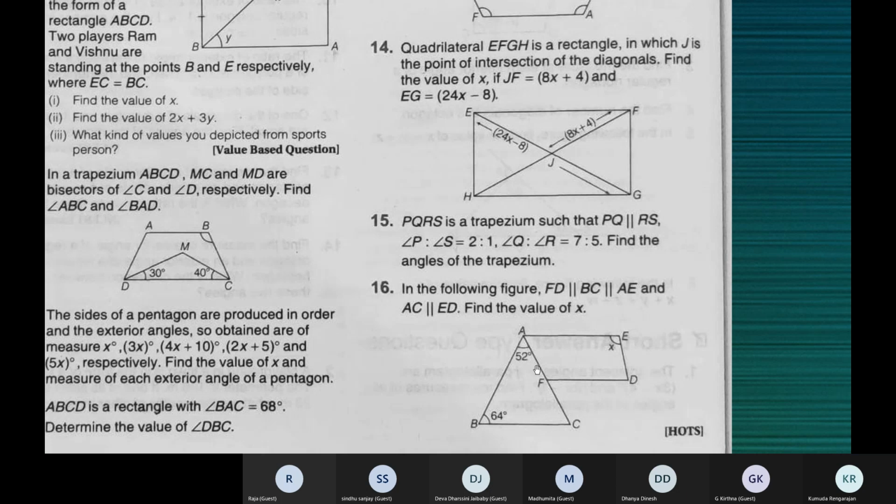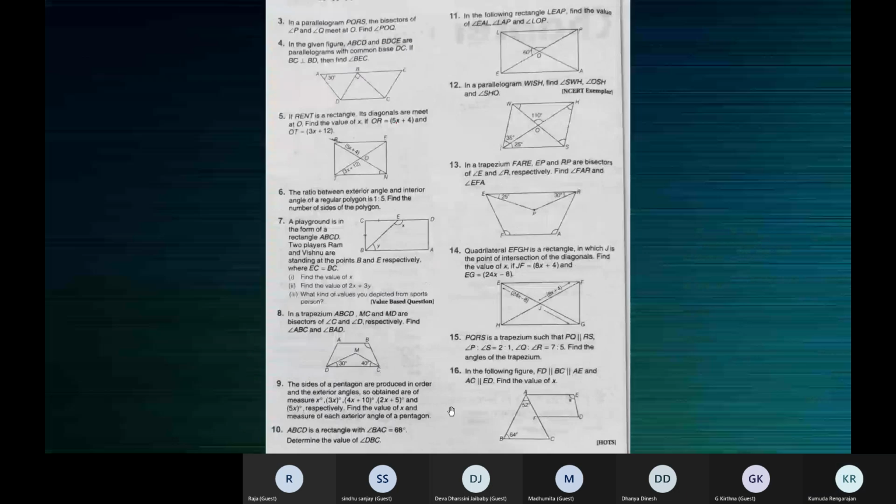Try this one. 16th one. I don't know if we have, what's the time, children? 7:45, ma'am.